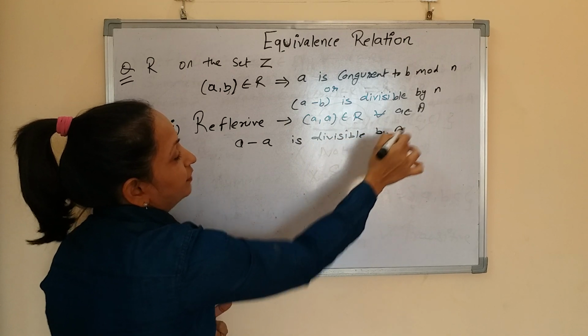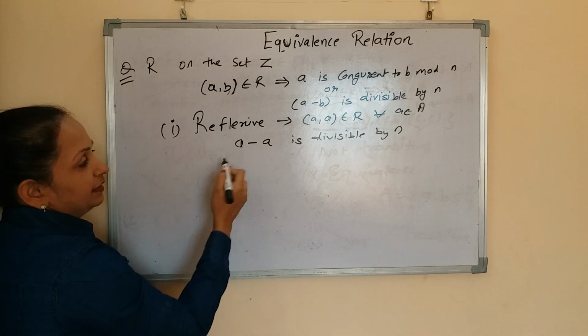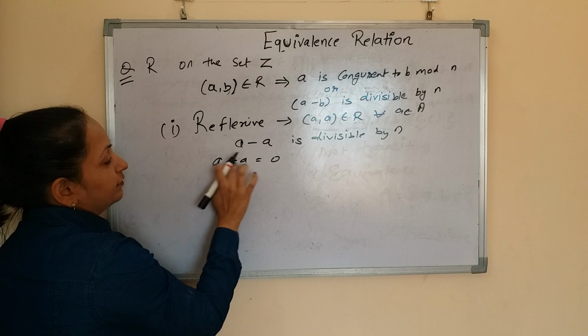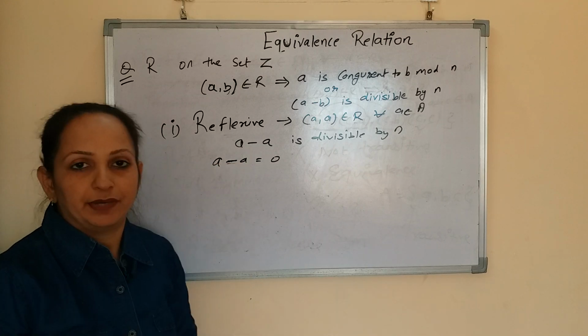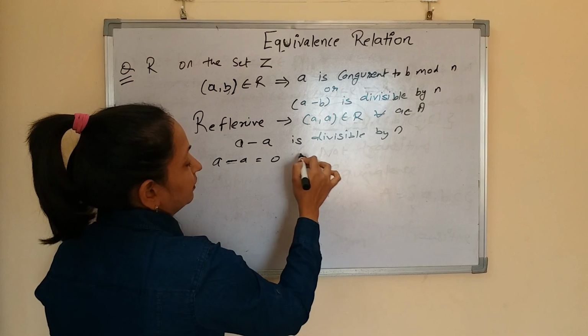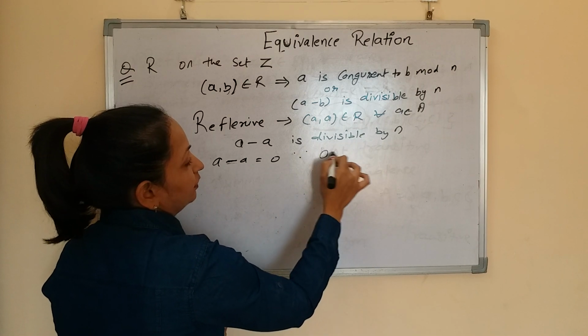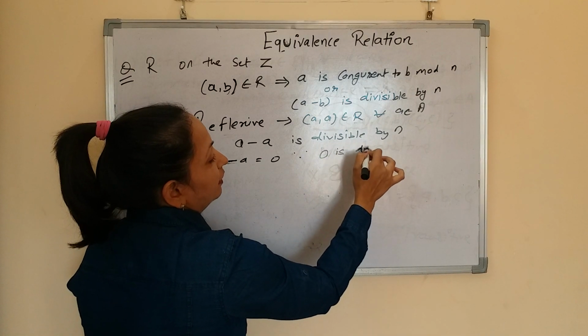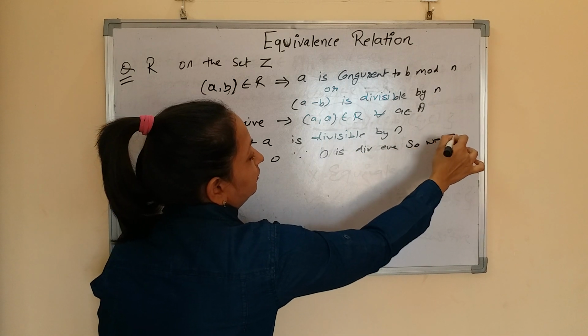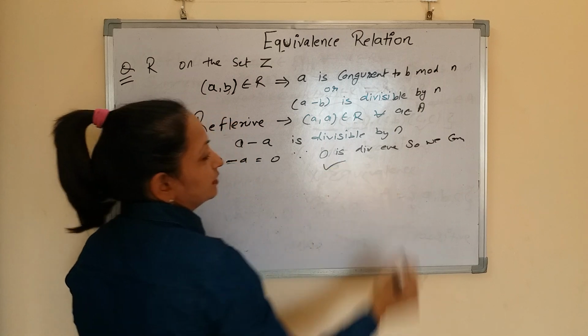As we know, A minus A is equal to 0, and 0 is divisible by every number in mathematics. So we can say that, yes, since 0 is divisible by every number, the relation is reflexive.